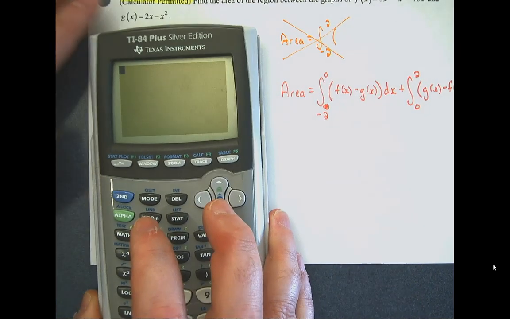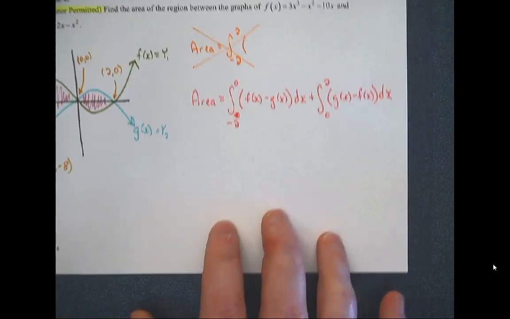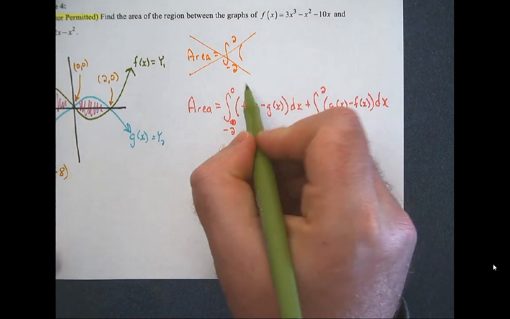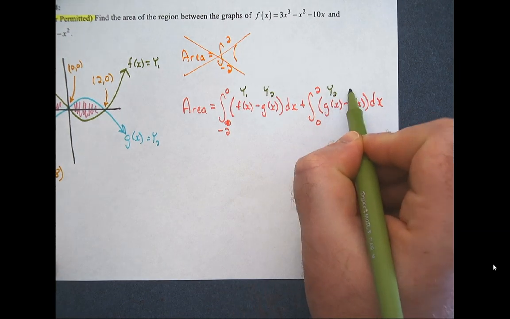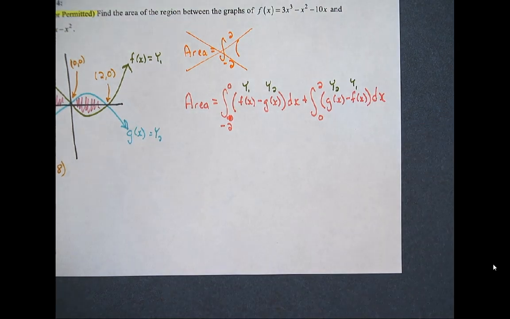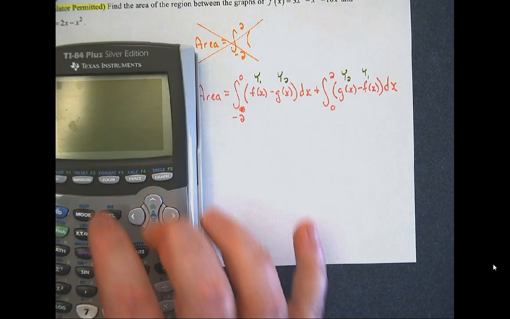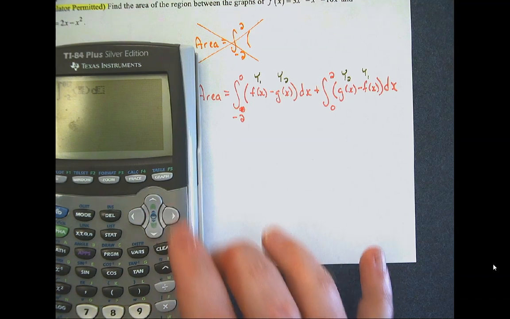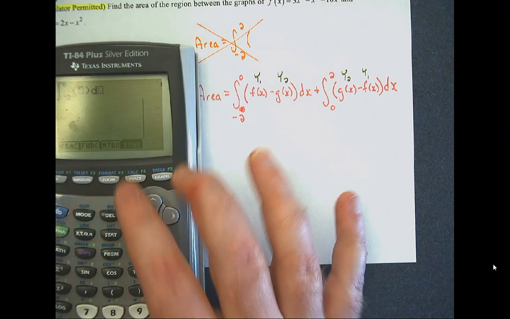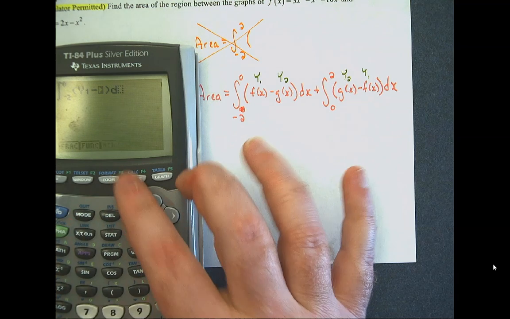So let's try this using the letters that I called this y1 and this y2. This would be y2 minus y1. So math 9, from -2 until 0 of y1 minus y2.